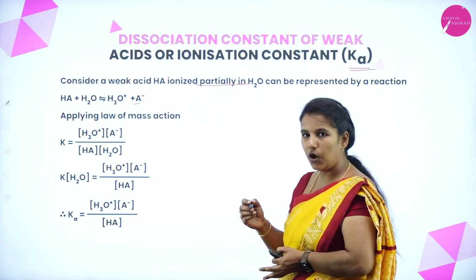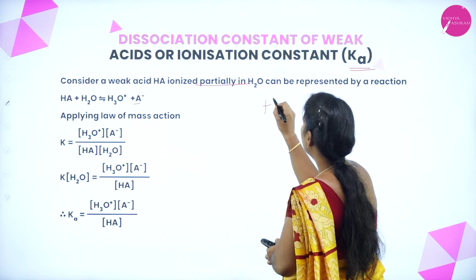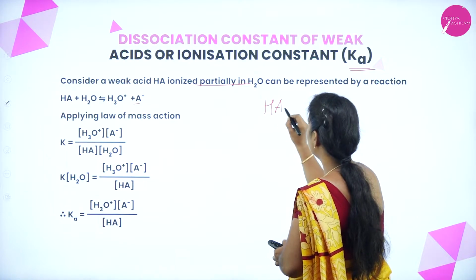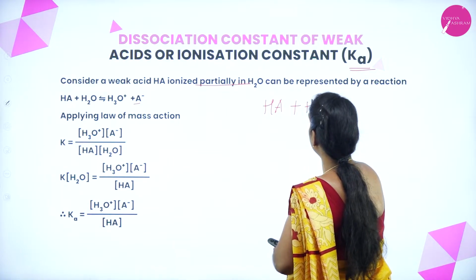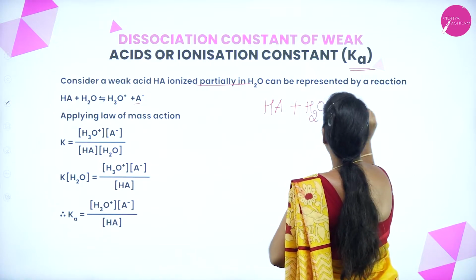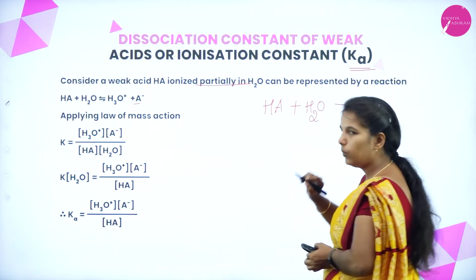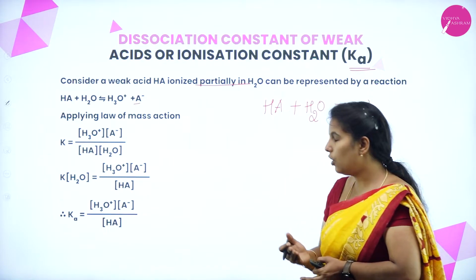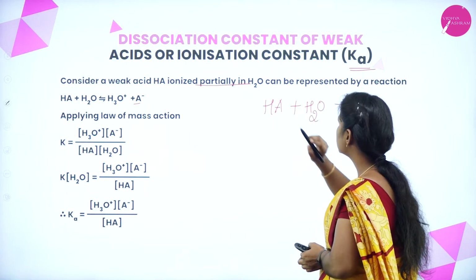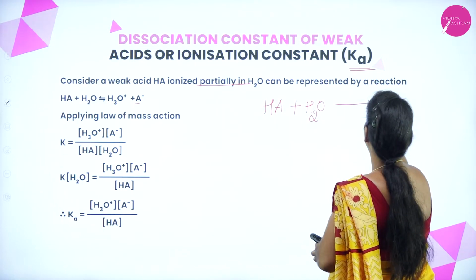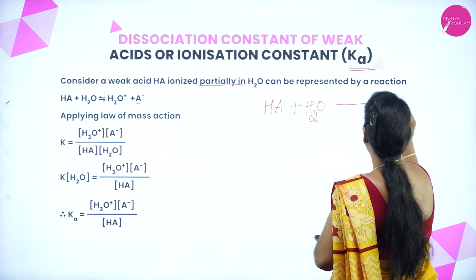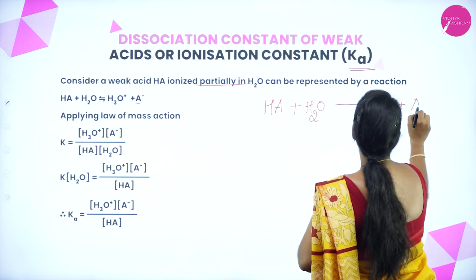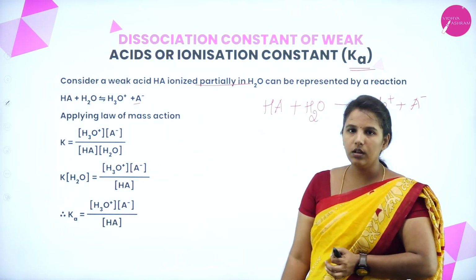So which is my electrolyte? My electrolyte is a weak acid, that is HA, which is allowed to react with water. So what will happen? We know that weak electrolytes undergo partial ionization. So the water accepts one proton and becomes the H3O plus ion, and the remaining A minus ion comes out.